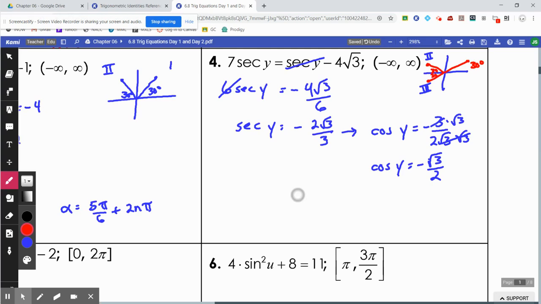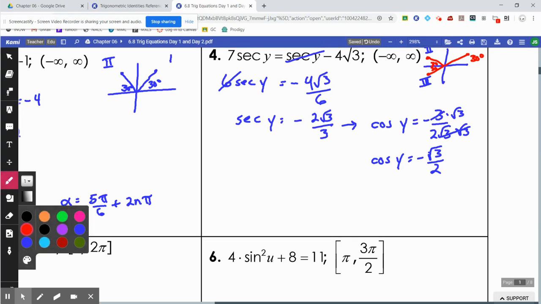So that would mean that y is equal to 150, which would be this angle, which has a reference of 30, or y is equal to 210, which would be 180 plus an additional 30. There's your two angles.